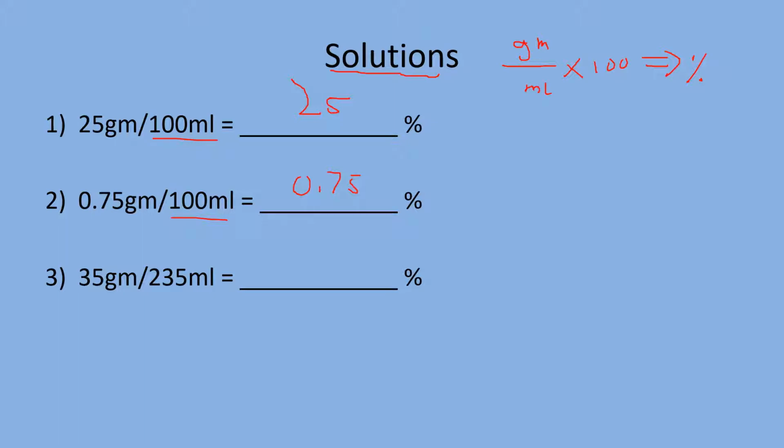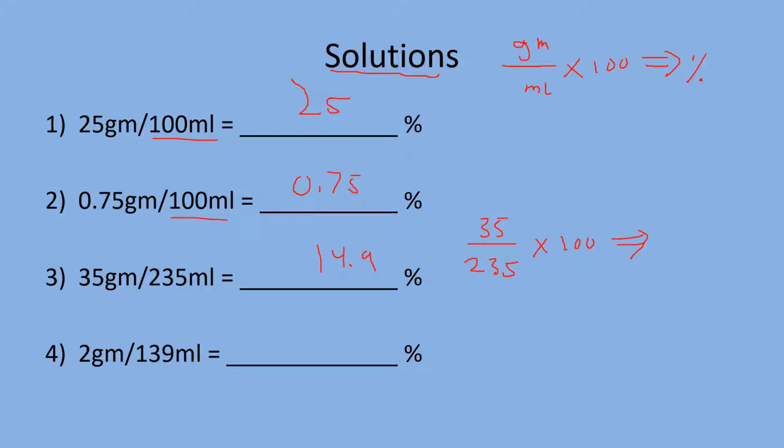So let's make our fraction. 35 times 100 to give us percentage. 2 grams in 139 mLs. 1.43?